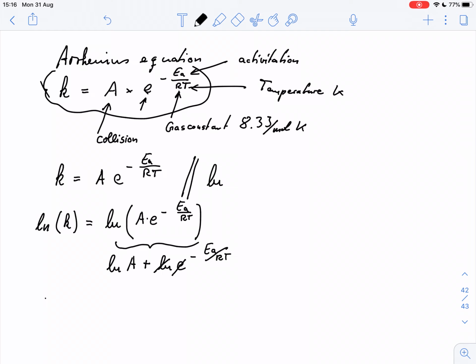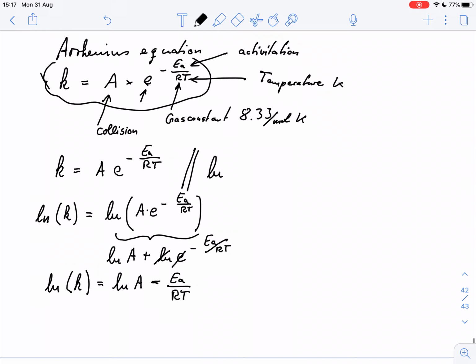So what we've got is ln of the rate constant equals ln A minus EA over RT. And let me write this in a slightly different form.